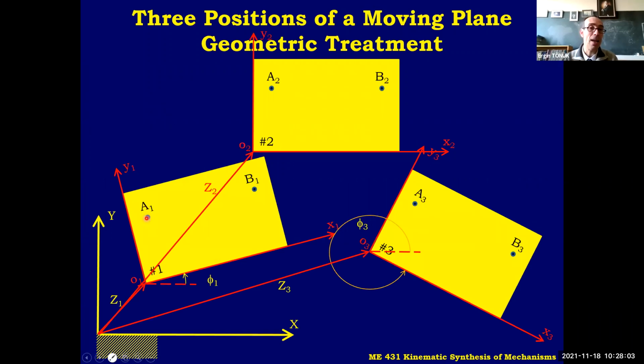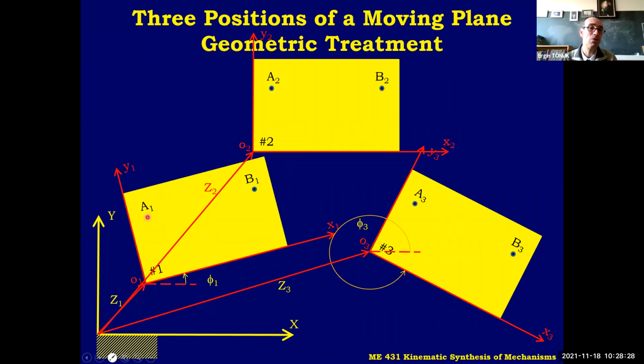A1, A2, A3 define a circle uniquely, am I right? And its center is A0. Or B1, B2, B3 defines a circle. Its center is unique, B0.